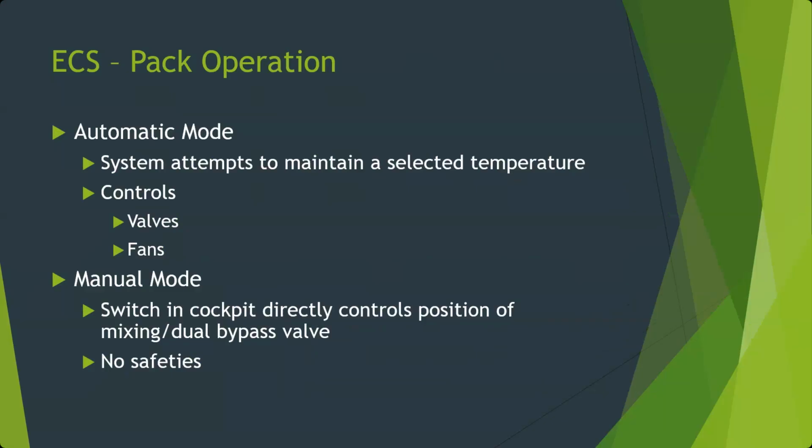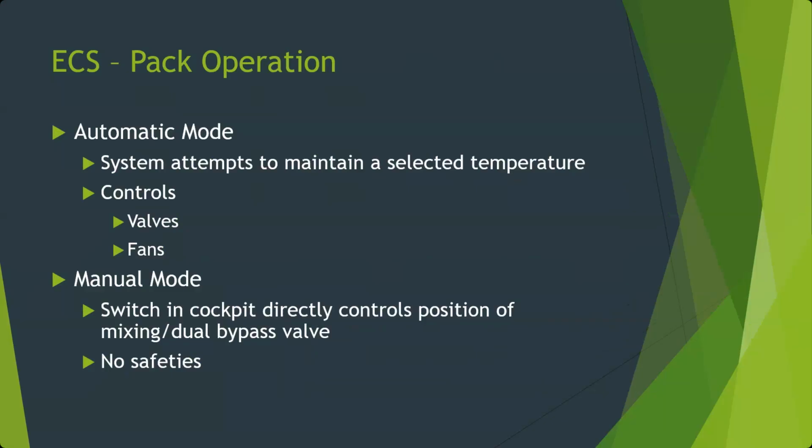So manual mode in its simplest form is a switch, and usually it's tied into the temperature control switch. You can flip it to manual. And at that point, it takes that control computer, logic board, whatever it might be, out of the system pretty much altogether.